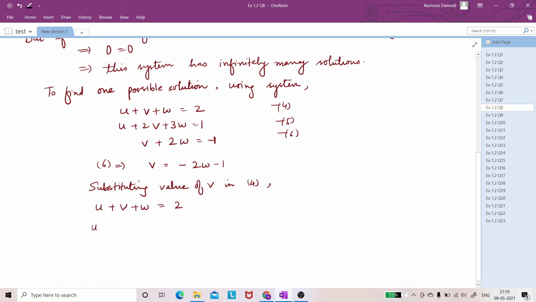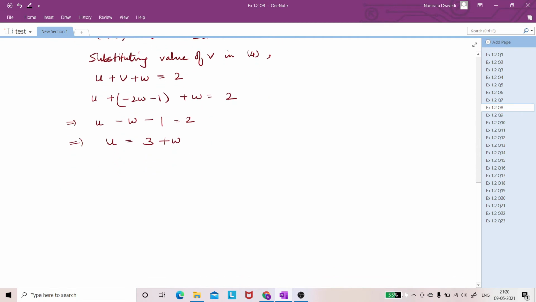This implies u plus minus 2w minus 1 plus w equals 2. Can you solve it? u minus 2w plus w is minus w, minus 1 equals 2. So what we get? u is equal to 3 plus w.